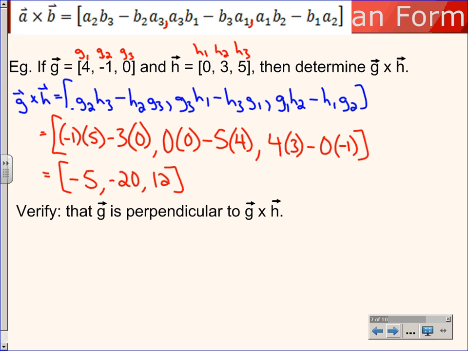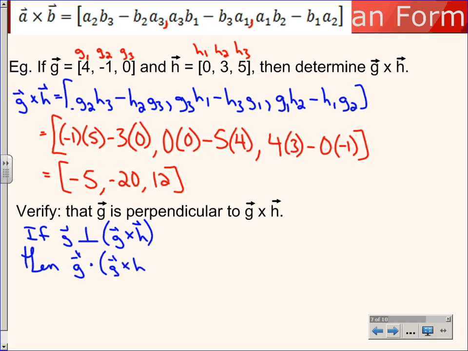If we want to verify that things are perpendicular, we do that by using the dot product. I can say if vector g really is perpendicular to g cross h, then g dot it should equal 0.